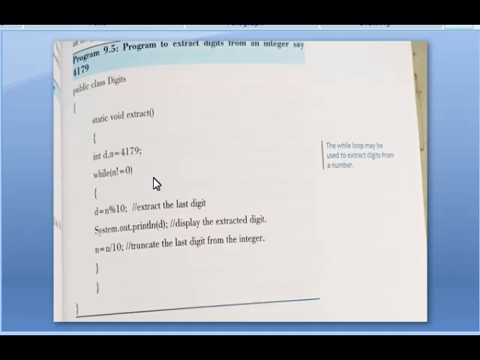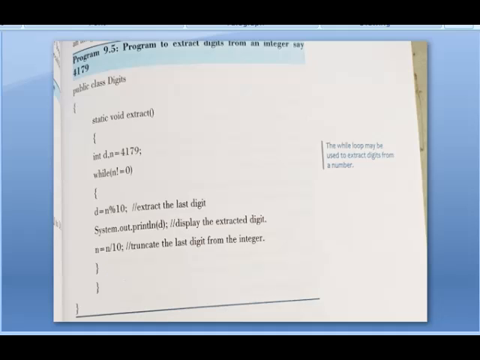If the value of n is not equal to 0, we have to find the remainder, that is d equals n modulus 10. Every time we have to find the remainder and print it, then n equals n divided by 10 to truncate the last digit of the number. To truncate the last digit of the number, we divide the value by 10.